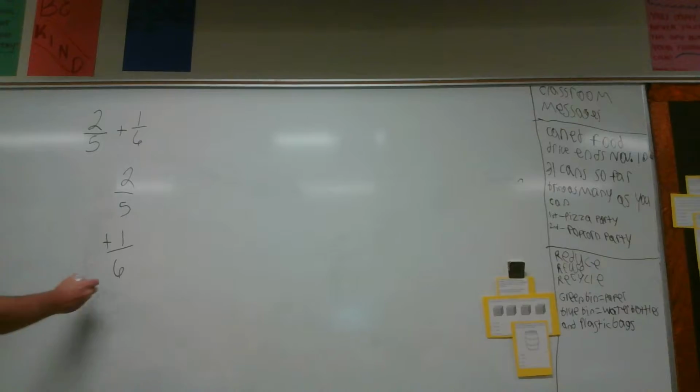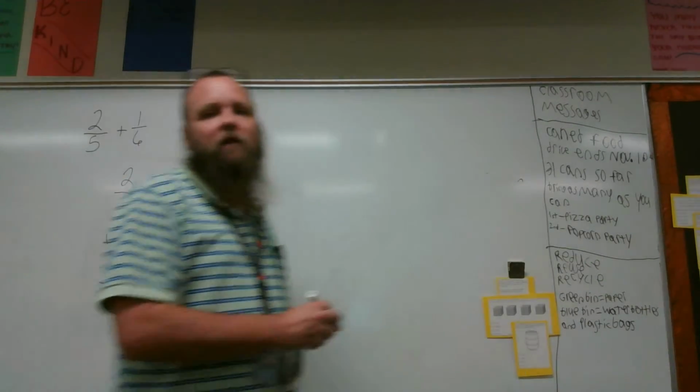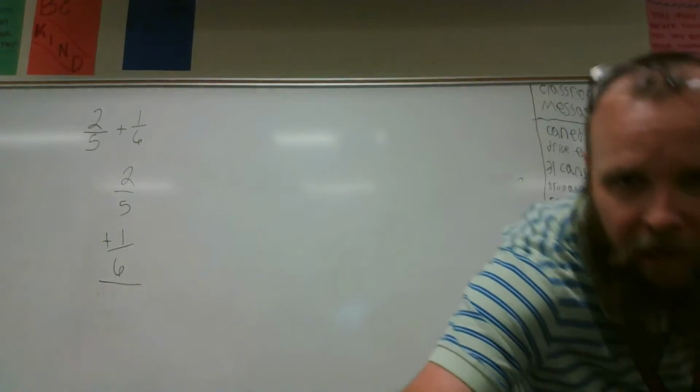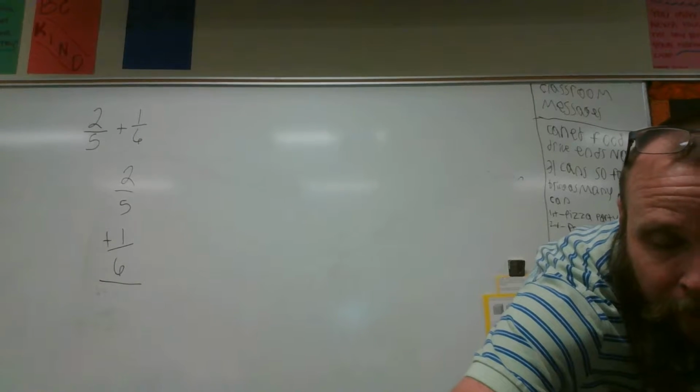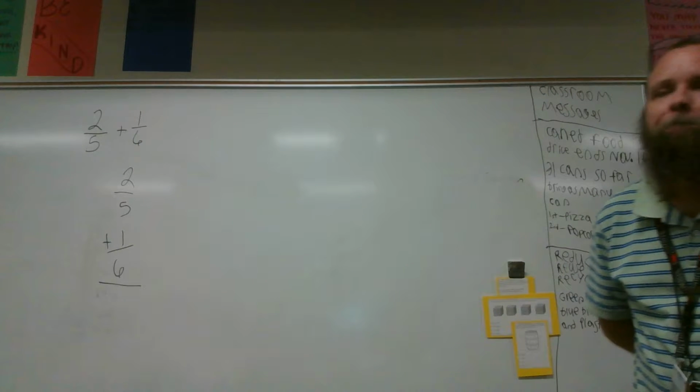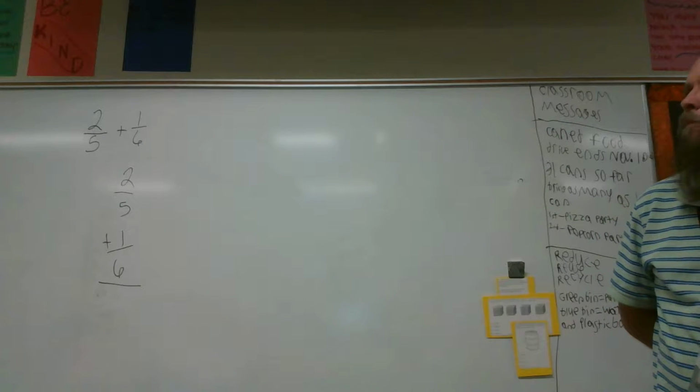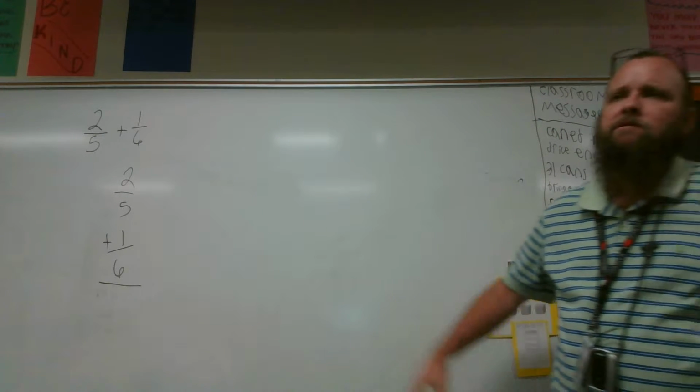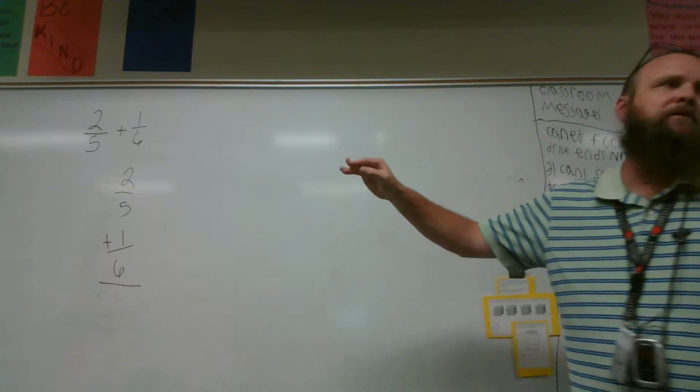Molly, what should I do to make sure they have a common denominator? Remember one of those things we had written up here? Might have been the one that Mia told me.